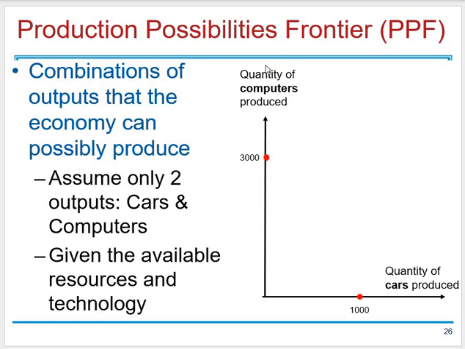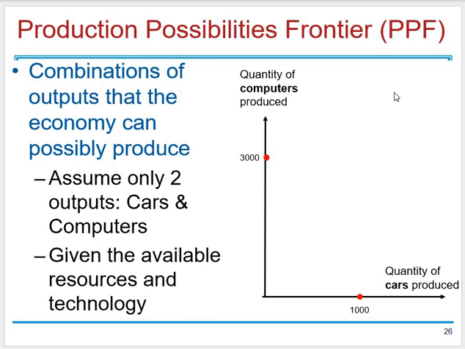So we put computers along the y-axis, and we put the quantity of cars to produce along the horizontal axis. So you can draw a coordinate system and put the quantity of computers and the quantity of car production along the two axes.